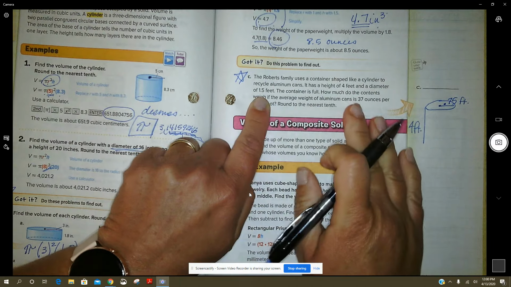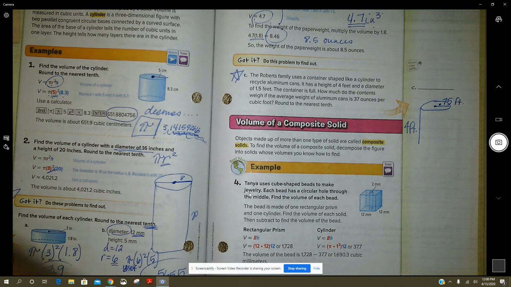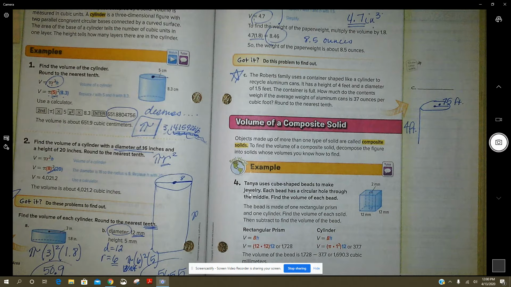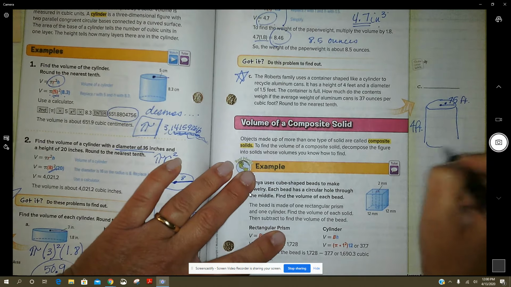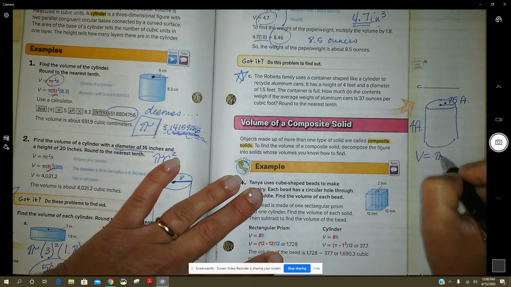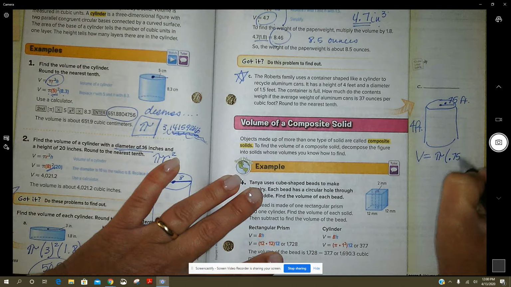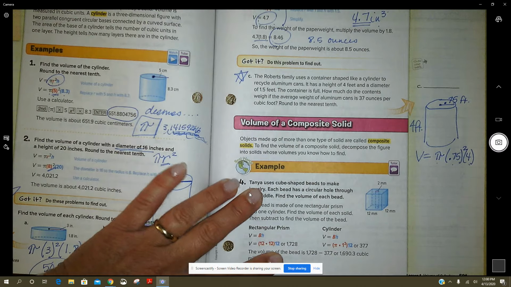And it says the container is full. So how much do the contents weigh if the average weight of aluminum cans is 37 ounces per cubic foot, okay? So let's go see. Here's our cylinder. Let's go get the volume. So we're going to do pi times 0.75 times 4. I need to do my radius squared, so it's pi r squared h.